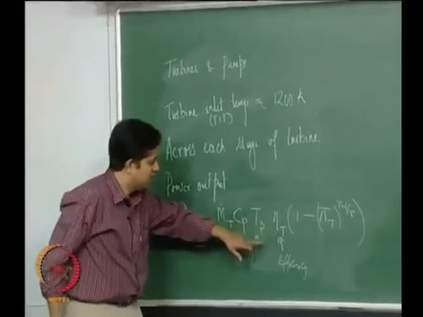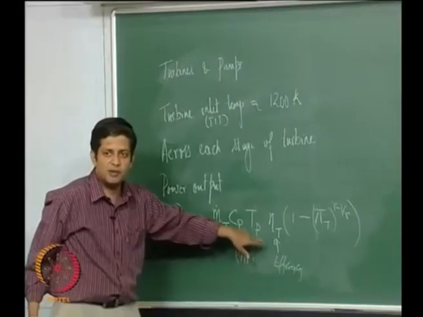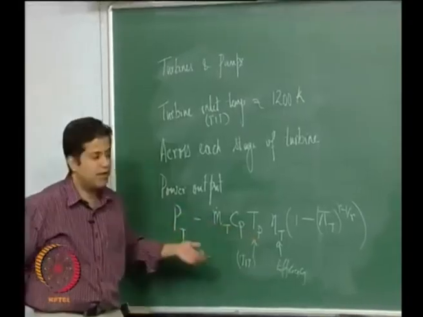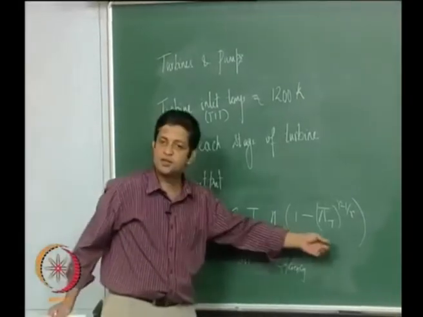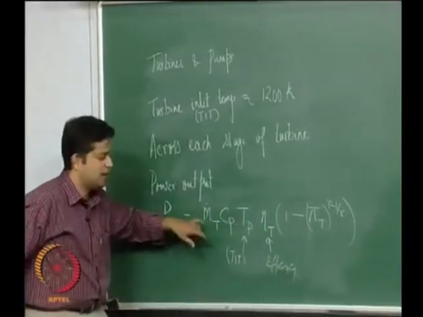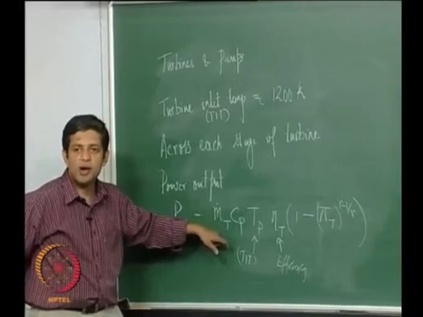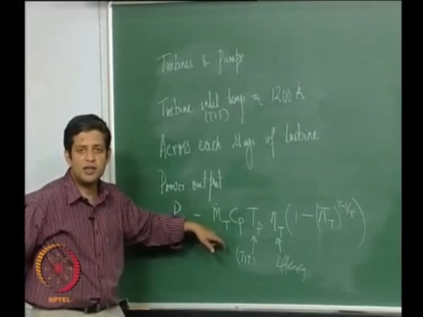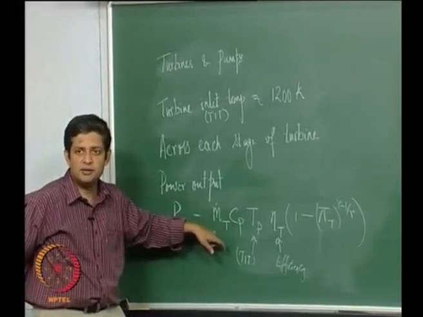This will be known to you, turbine inlet temperature, because that is a constraint, and what is the pressure ratio across the turbine will also be known. So, you will be able to calculate what is the mass flow rate through the turbine that will be needed, fine.